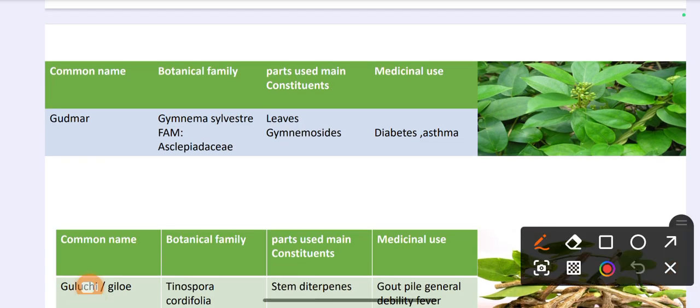Next plant, Gudmar. Gymnema sylvestre is the other botanical name. Which family? Asclepiadaceae. What parts are used? Leaves, with gymnemic acids. What are the medicinal uses of Gudmar? Diabetes and asthma.